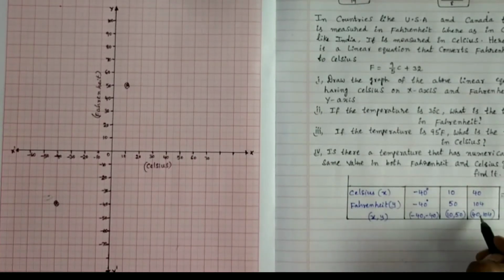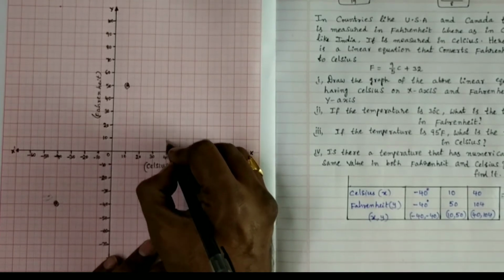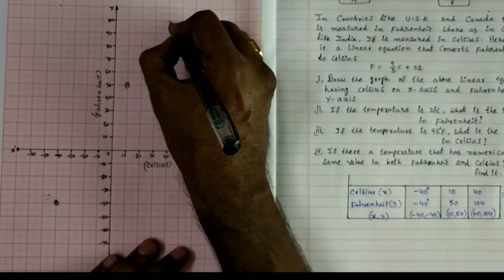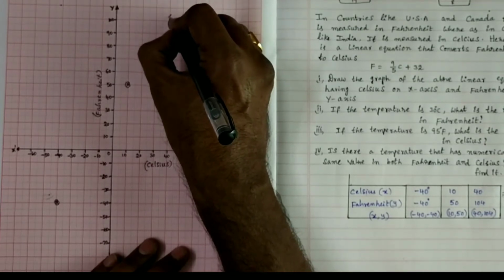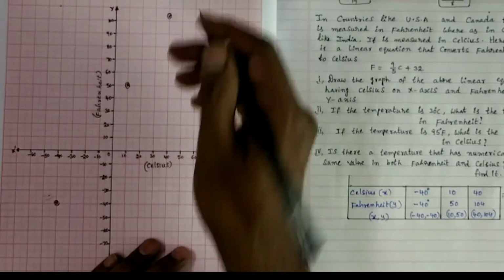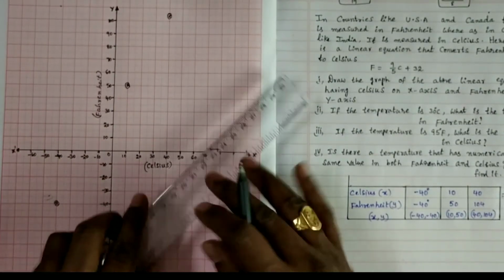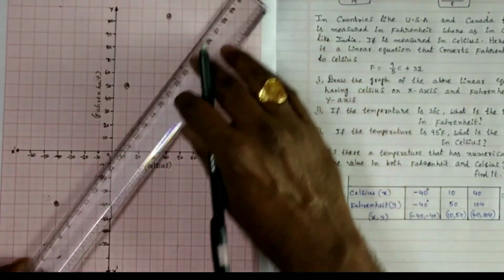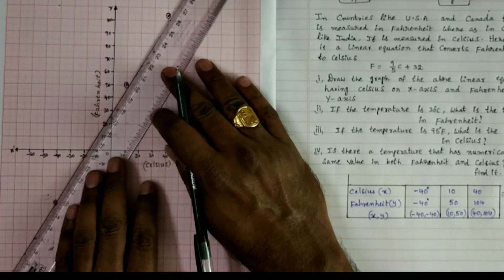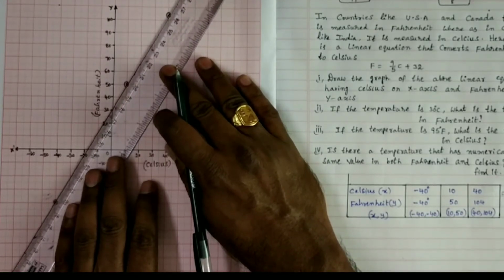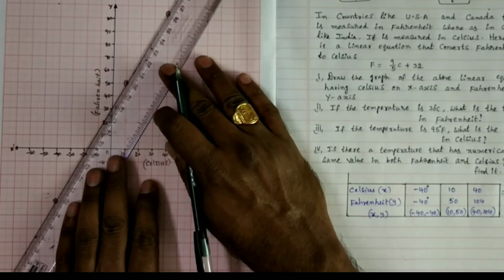And 40, 104. For 40 on the x-axis, it is 104. This is 100, 101, 102, 103, 104. Take carefully and draw a line passing through these 3 points. Draw carefully, then only we will get answers clearly.